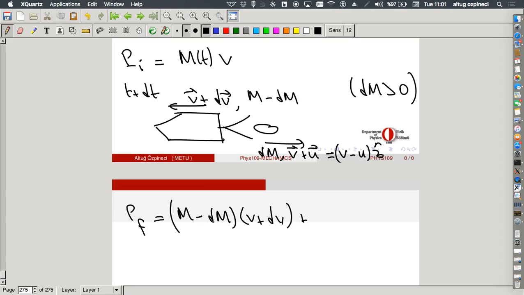And then I have to add the momentum of my exhaust to obtain the total momentum of my system. And this will be dm times (v minus u). So this is the final momentum of my system. And remember, the initial momentum was just M times v.